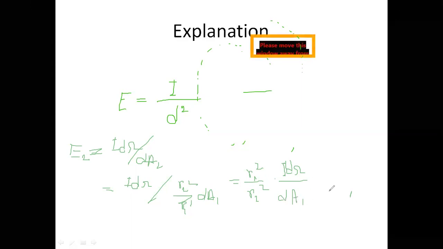In this position you can see that R1 square by R2 square, multiplied by this portion, equals E1, because this portion is E1.